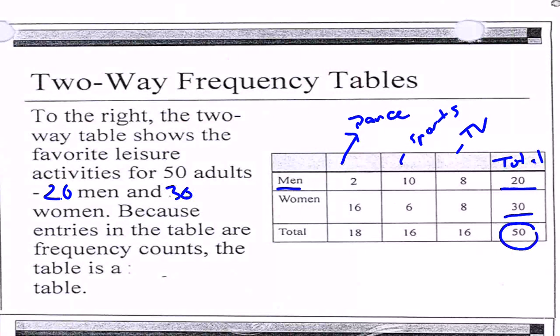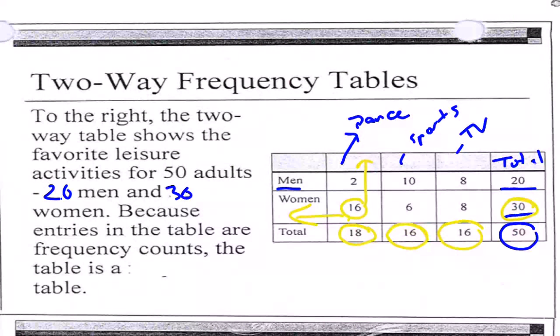I can also look in my columns and see how many total people preferred dance, how many total people preferred sports, how many total people preferred TV, okay? So how we read it is like, if I look at this 16, women preferred dance out of the total 30 women that were participating.